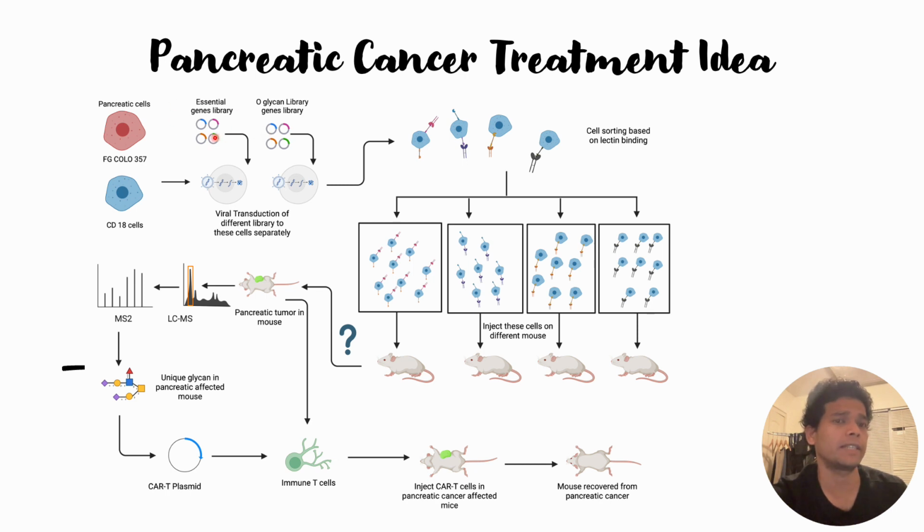One library contains the genes that are essential for the survival of the cells, and another library, the O-glycan library, is transduced into another set of pancreatic cells. This O-glycan library contains the genes that are responsible for O-glycosylation.